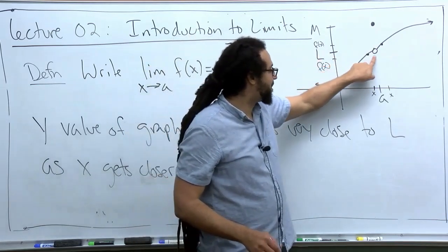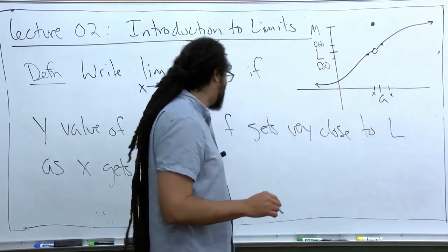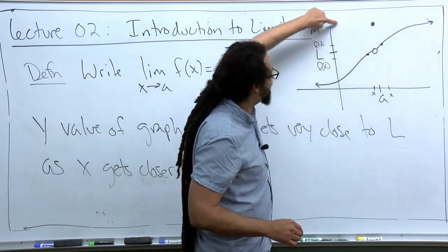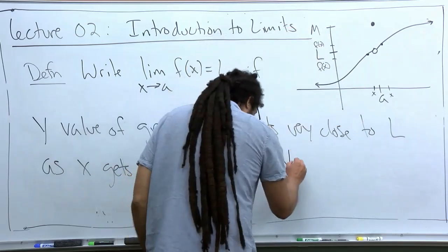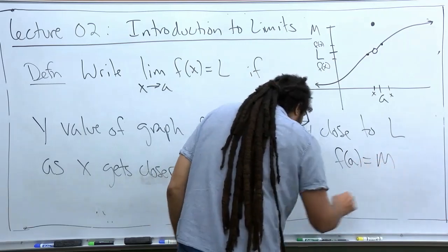So again, this does not say that f of a is equal to L. That's not true. According to this picture, f of a is equal to this number m. So the value of the function is f of a equals m.